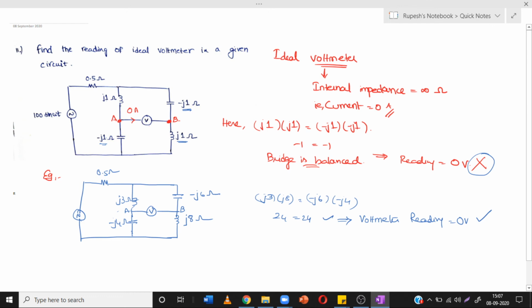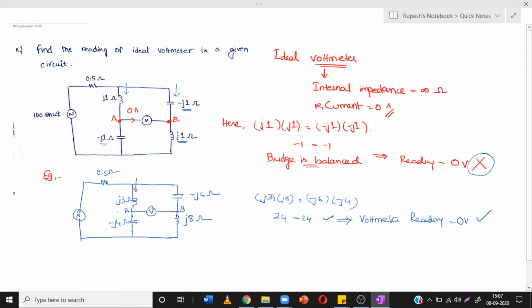So effectively the impedance here is 0, and in this branch also the impedance is 0. So in the above case, the branch is physically short circuit, we should not apply the bridge balance formula. Wheatstone bridge formula is not applied here.